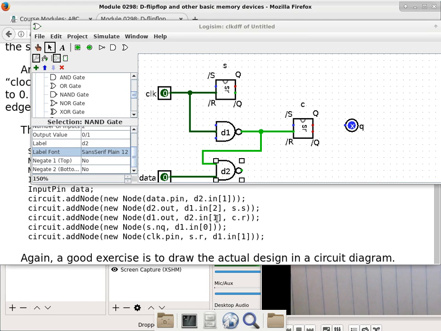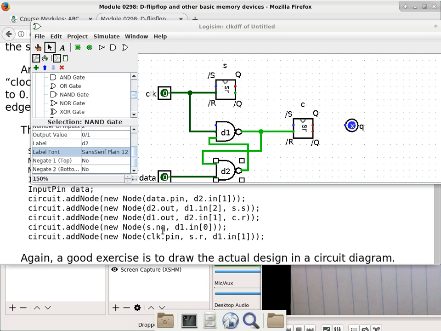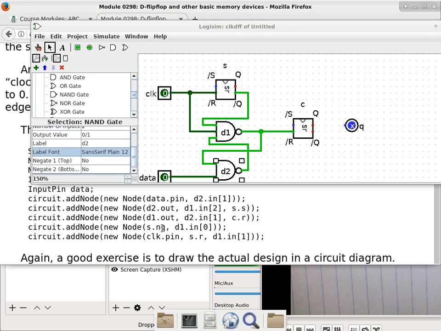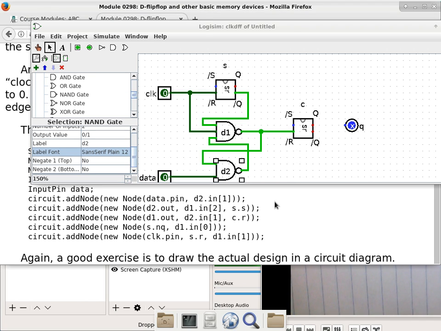So we got D2.out goes to one of the inputs of D1, and there's one more thing connected to the inputs of D1. So D1.in0 is also taking S.nq, which is this one. What about C? Oh, I think I'm missing some connections here again.